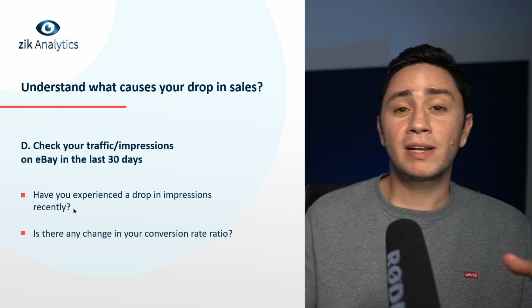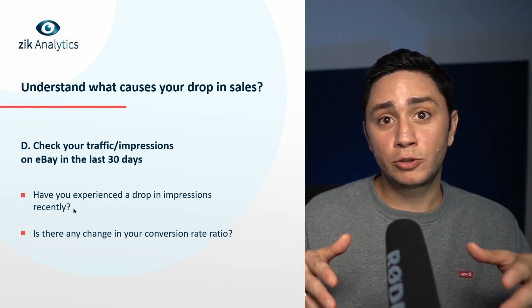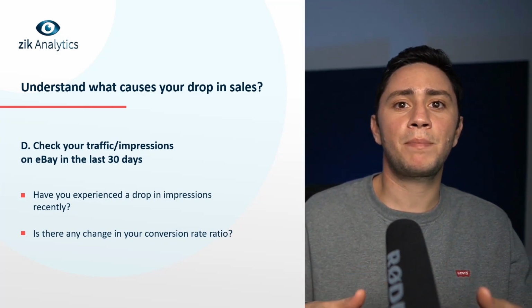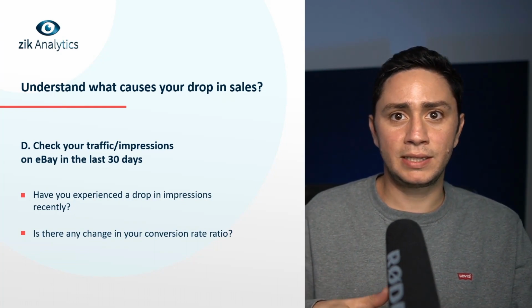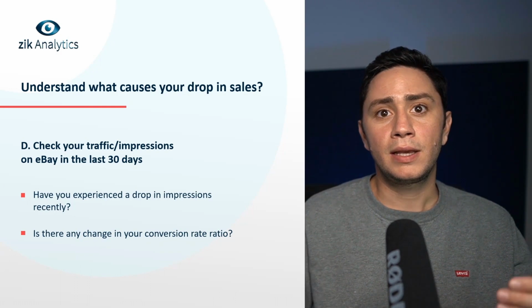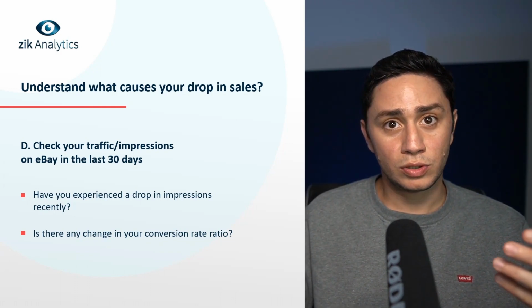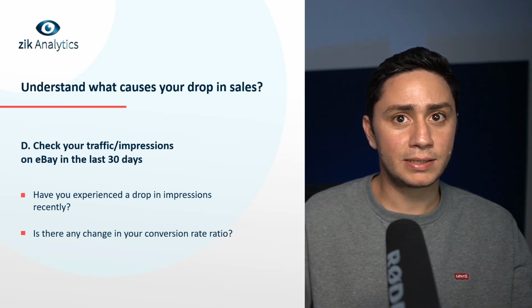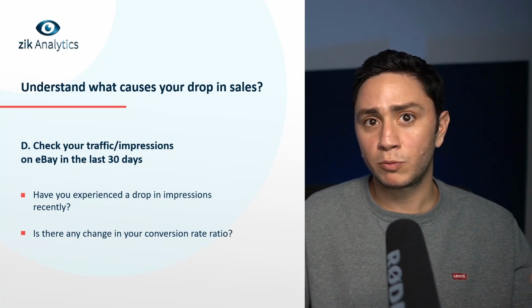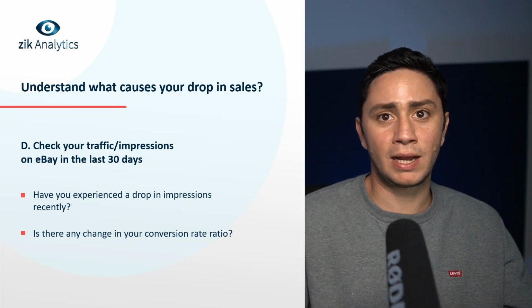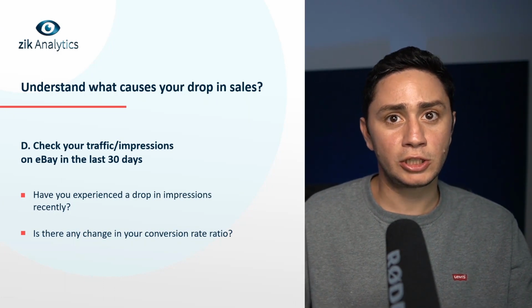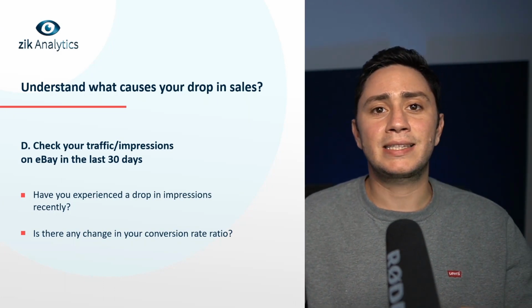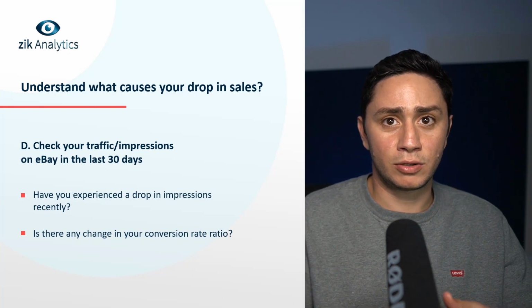If you have experienced a deep drop in impressions recently, this can happen from having a wrong selling practice on eBay. eBay's new algorithm is able to see your selling practice, whether you dropship from retailers or whether you provide the right tracking number that matches the shipping location, and based on that, it decides whether your selling practice is correct or not.